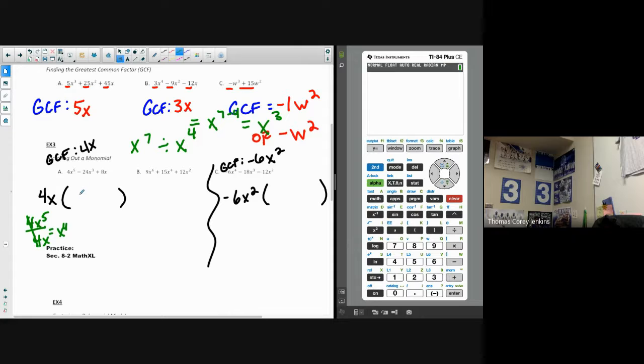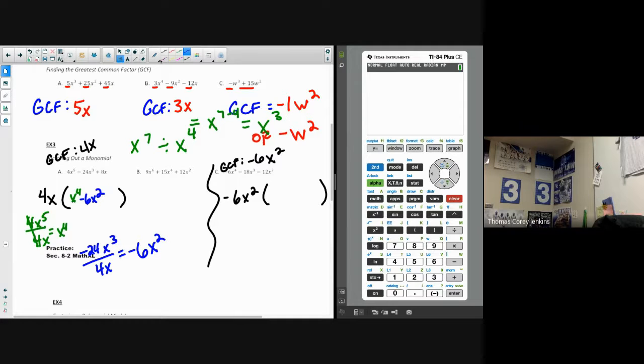X to the 4th is one of our terms. Next term would be minus 24x cubed over our GCF. Negative 24 over 4 is negative 6. X cubed over x, 3 minus 1 would be x to the 2. So minus 6x squared.